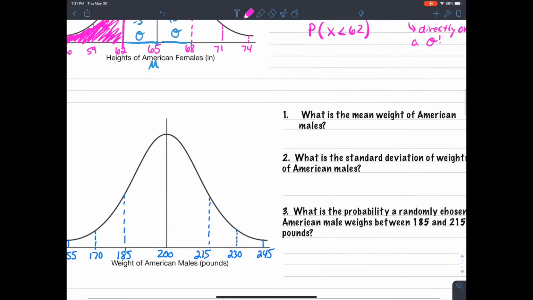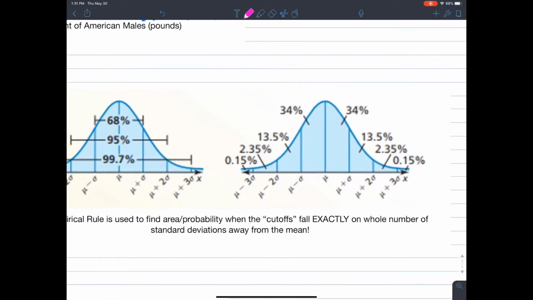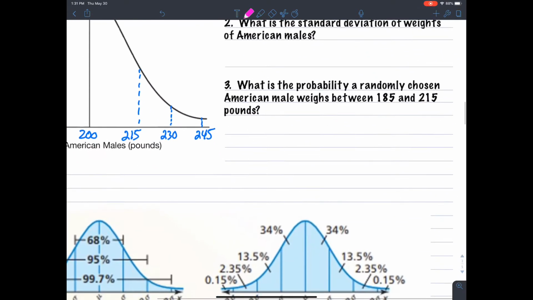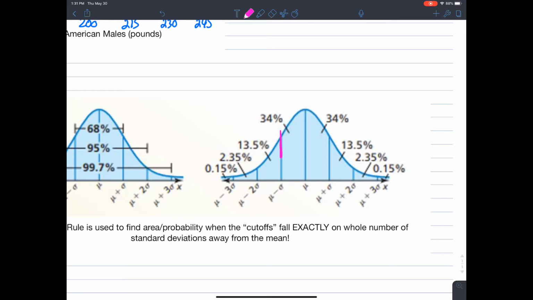So if that's true, we happen to have this fancy little rule here. If we know exactly how many standard deviations away something is, we can use our reference. So we look at this table: it is one standard deviation to the left, and we've shaded in everything after that.